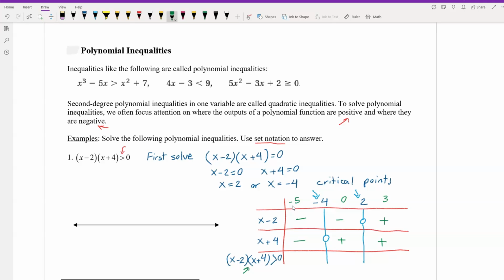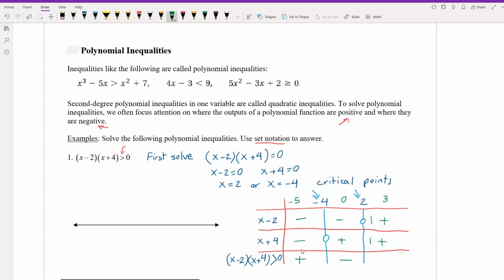Now here on this part, we have x minus 2 times x plus 4. So we have to multiply. So multiply these to find what we have here. Starting from left, here we have negative times negative, that is positive. Then we have negative times positive, that is negative.